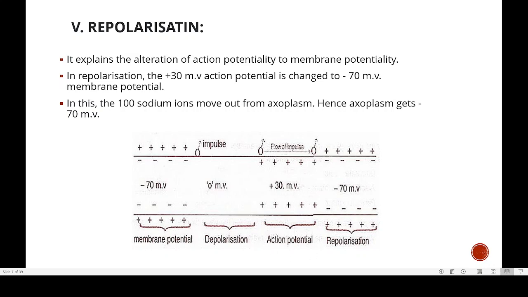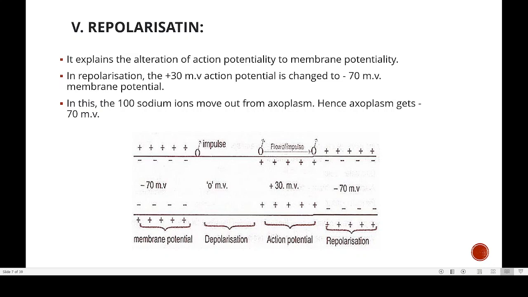Now after this event of action potential, after some time the neuron will be going back to its normal state again, and during that process 100 sodium ions will be moving out, and that situation is known by the name repolarization. So these are the four basic events, and this is how you have to explain the different steps which are involved in a membrane potential.